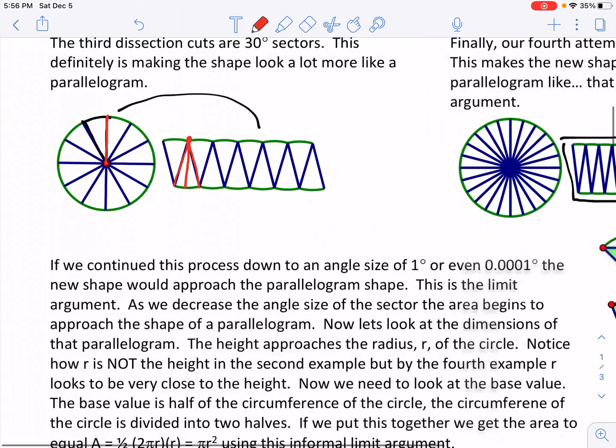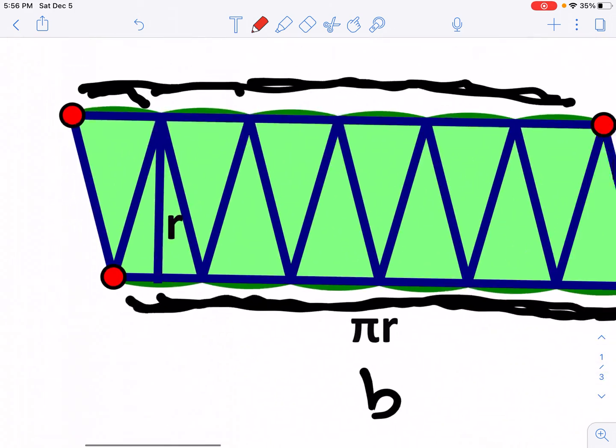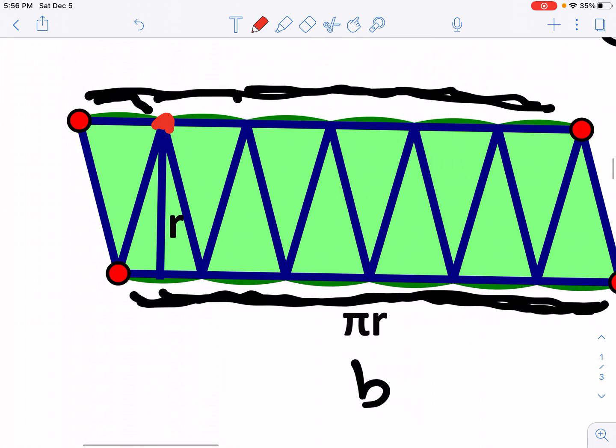So the height here, like they're showing, from the center of the circle out to the outer edge, is just the radius. And as we continue to go infinitely smaller and smaller, the height turns into the actual length of the radius, okay?